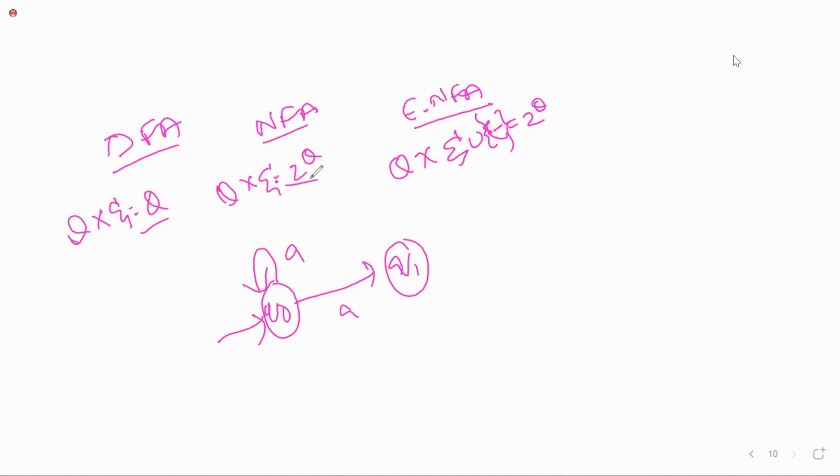So NFA is better than DFA? We cannot say like that. Both the computing power is same. What are the advantages you can see here? You can use this for NFA, ma'am, and plus it's easier to structure.